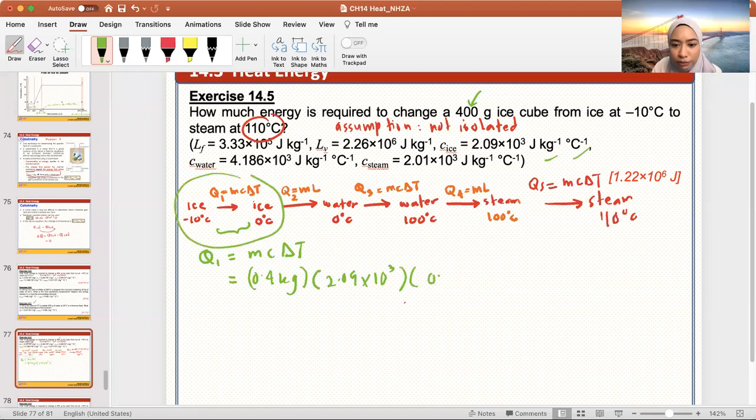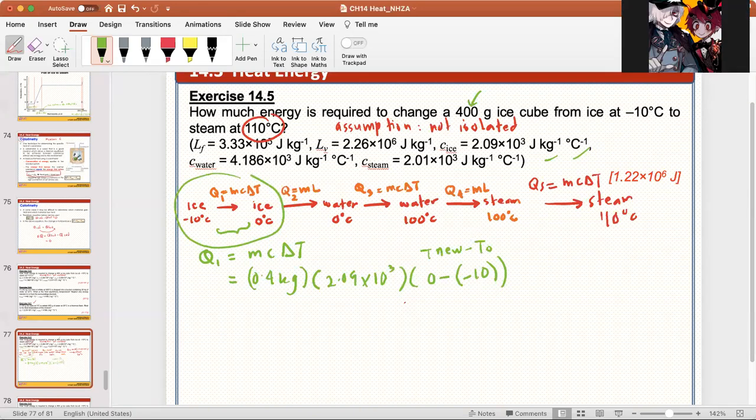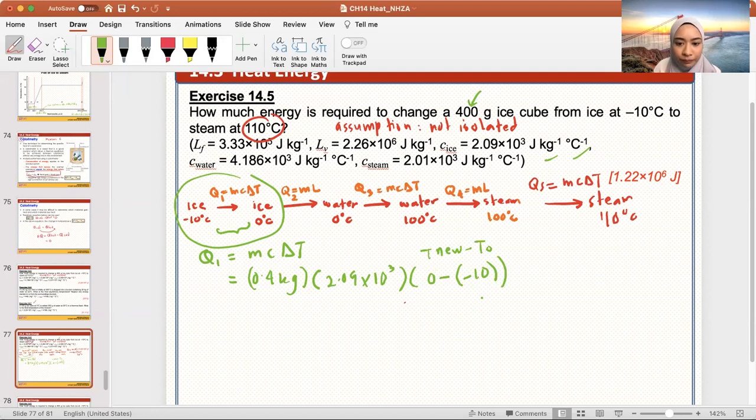So it's 0 minus, minus 10. Because T new minus T initial, the negative is here, but T naught is also negative, so it becomes positive. So when it becomes positive, my Q is positive. What does it mean when my Q is positive?